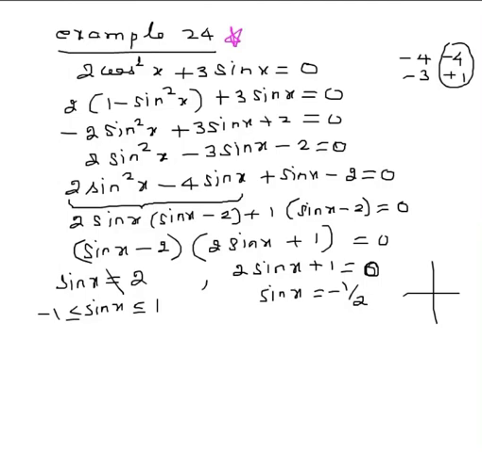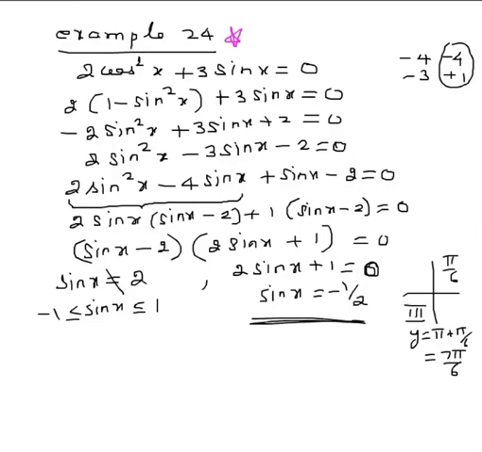Sin is negative in the third and the fourth quadrants, but we take the smaller principal solution. Let us find the base angle for plus half. So for plus half, the angle is 30 degrees. But here it is negative. Therefore, we have to write the third quadrant angle. y should be the third quadrant angle, pi plus the base angle, which is 7 pi by 6.